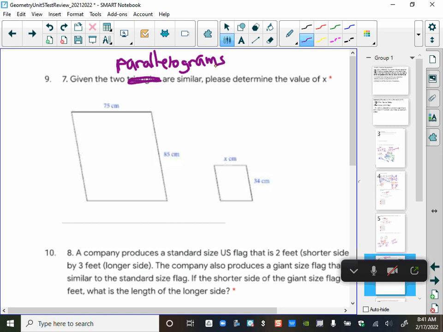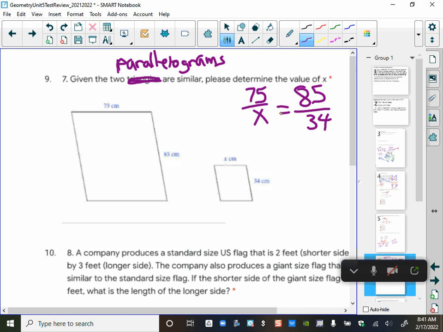What is it then? 75 over x, and 85 over 34. Okay, you said 75 over x and 85 over 34? Yeah. Can you do it like that? You can actually do that. That's one way, because here's what happened. Dennis, that's actually a good setup.